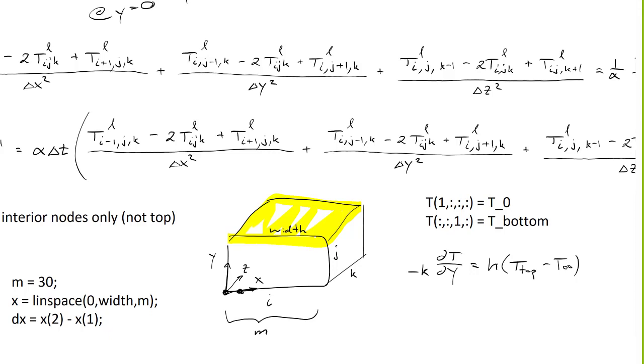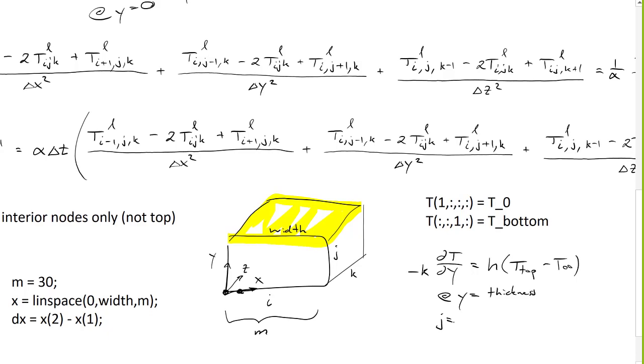So this boundary condition is going to apply at y equals thickness, however thick that was, like 2 centimeters or something like that. And that's going to occur at what value of j? J is equal to what? We want the maximum J value.